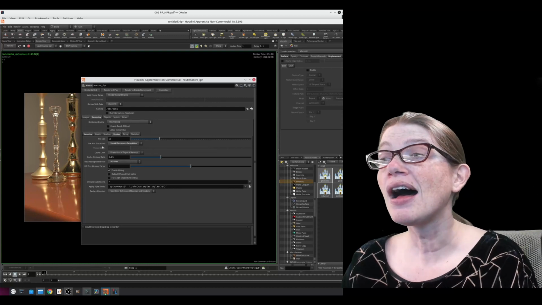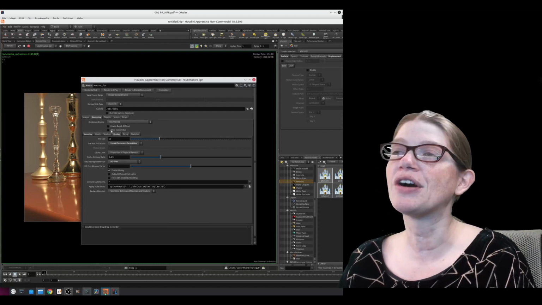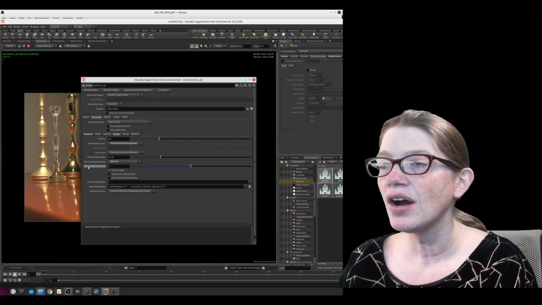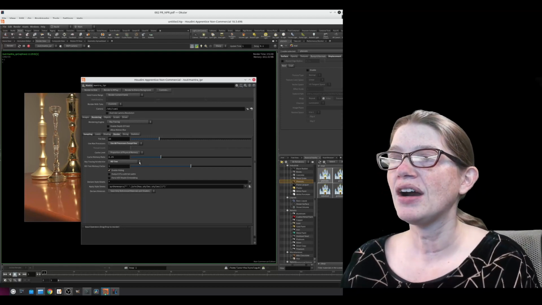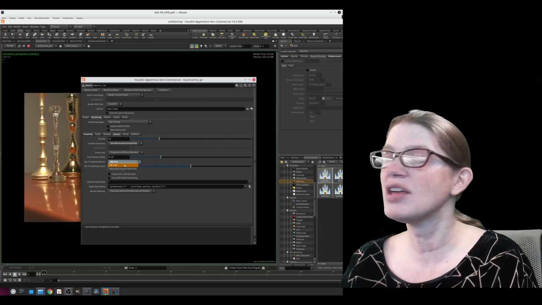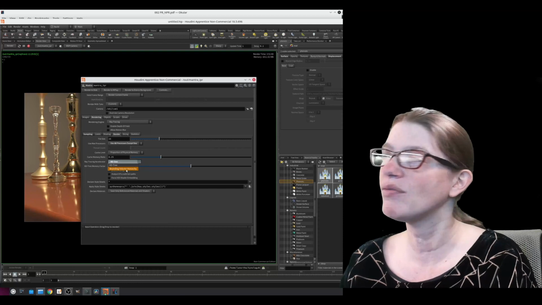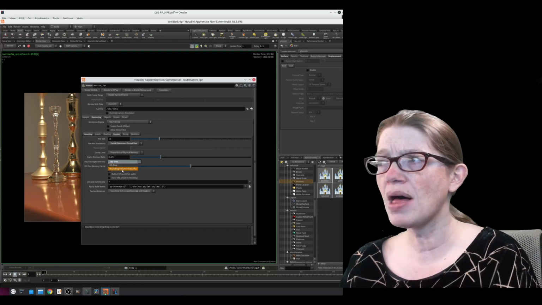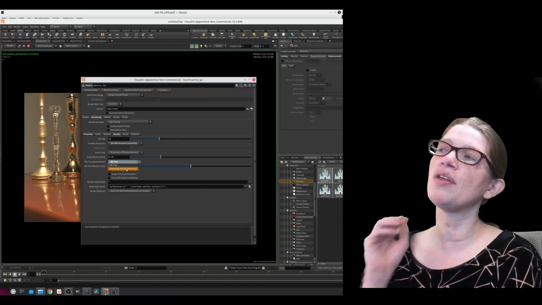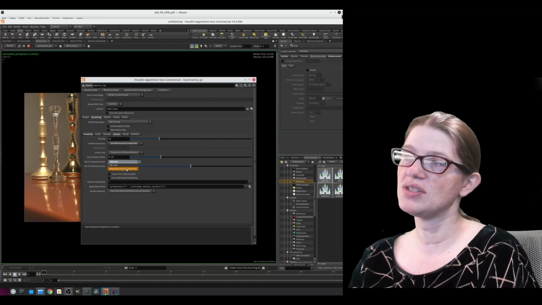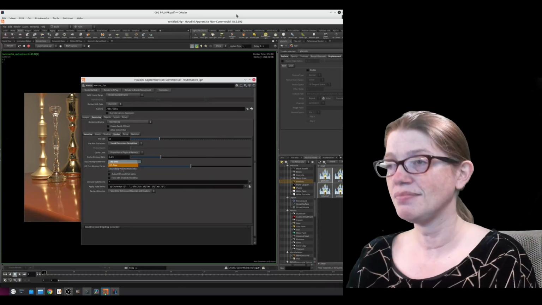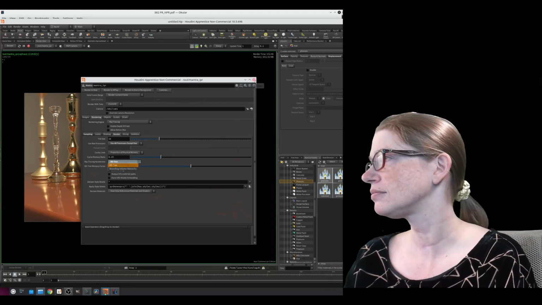It's under rendering, render for the mantra node. And you'll see here ray tracing accelerator, and there are some different techniques that you can use here. They have something called a KD tree and something called a bounding volume hierarchy. And we'll talk about these in our next lecture, actually, because it's important to know that you have options to improve the performance. But right now we're just talking about the raw, unoptimized version of this algorithm.